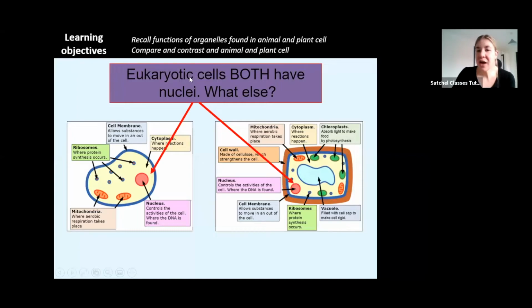Eukaryotic cells both have nuclei. Big picture, remember, these are eukaryotic cells. It means they have a true nucleus. In the previous lesson, you might have looked at prokaryotic cells, which do not have a nucleus. So these are both eukaryotic cells. They both have nuclei, which is the plural for nucleus. What else? Think about what else.